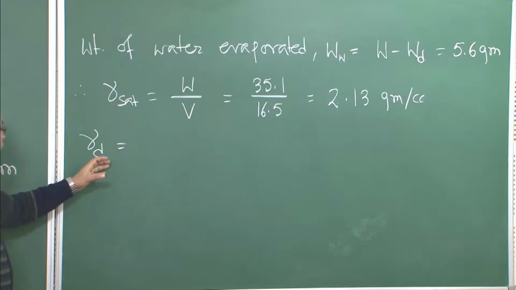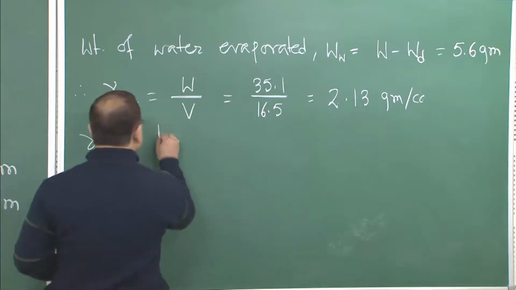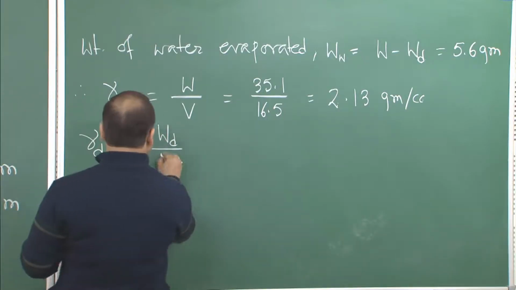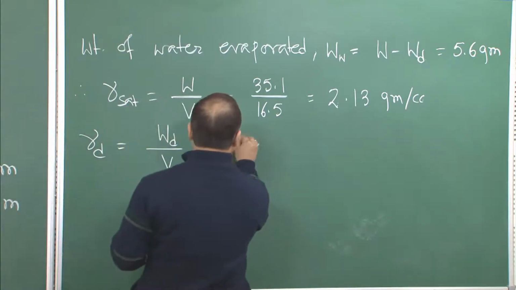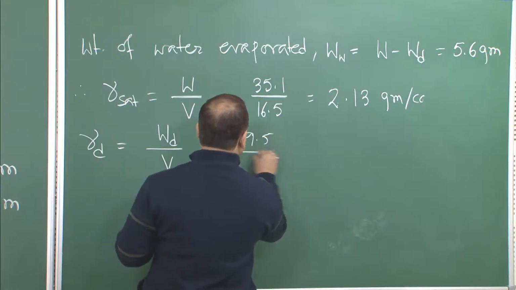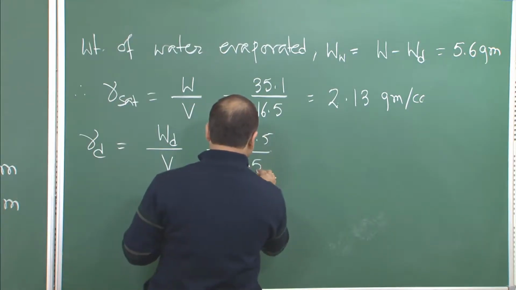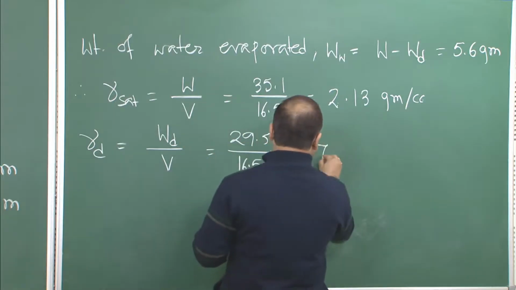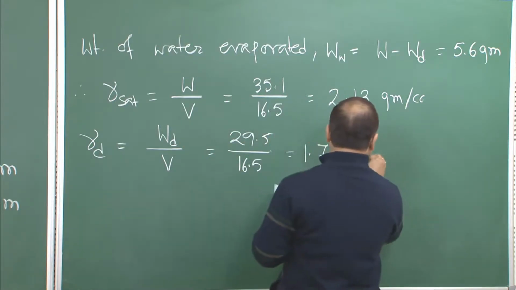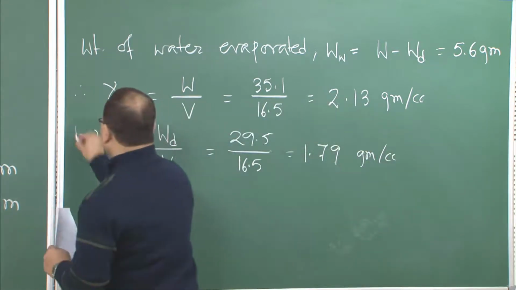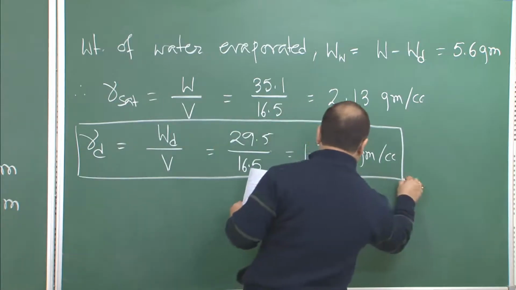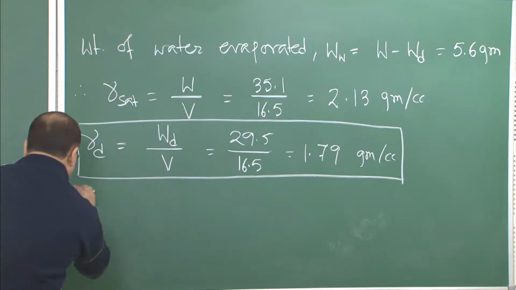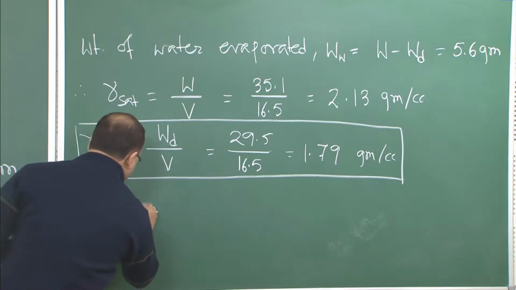Gamma D is the weight of the dry sample WD by the total volume, which is 29.5 by 16.5, equal to 1.79 gram per cc. So, we have got gamma D, but gamma sat.